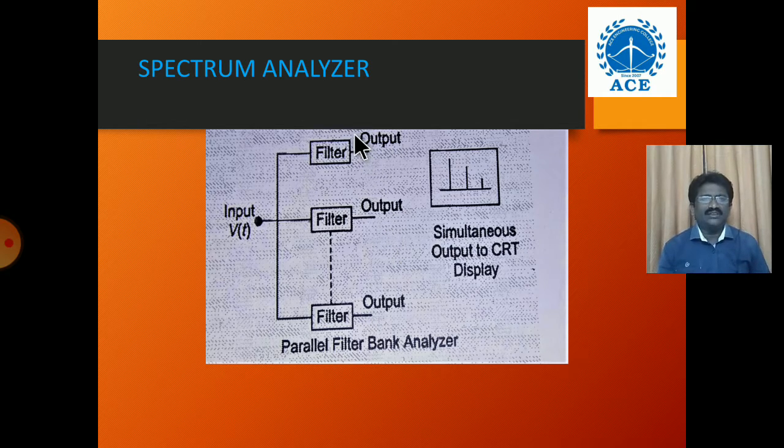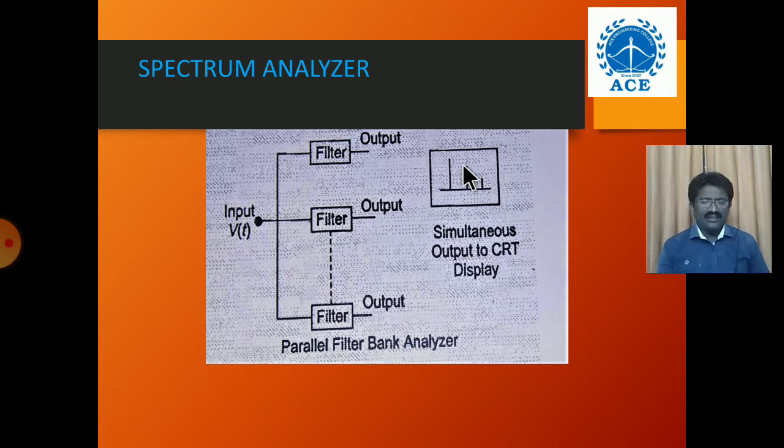This has filters in the form of a parallel combination from 1 to n. Here you have to provide some input signal V of t. Every filter will give outputs in parallel. So simultaneous output to the CRT display, so you can observe like this.